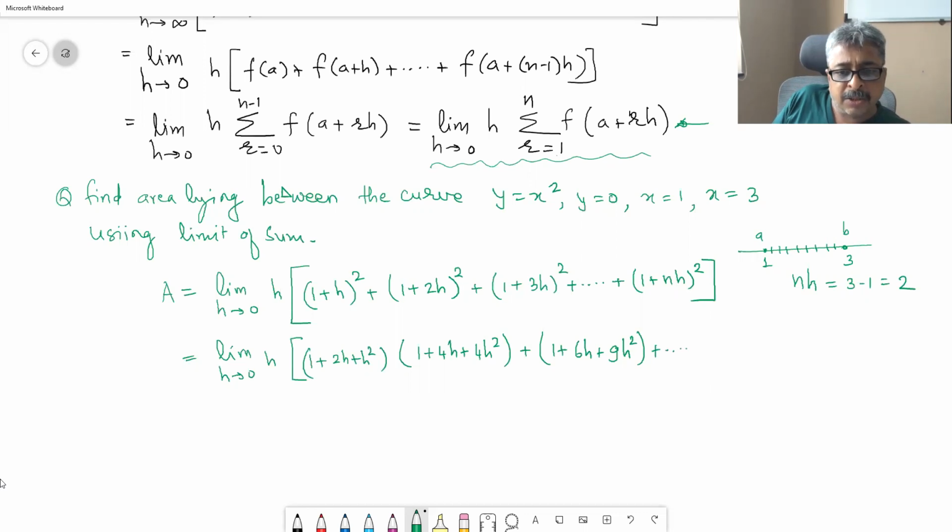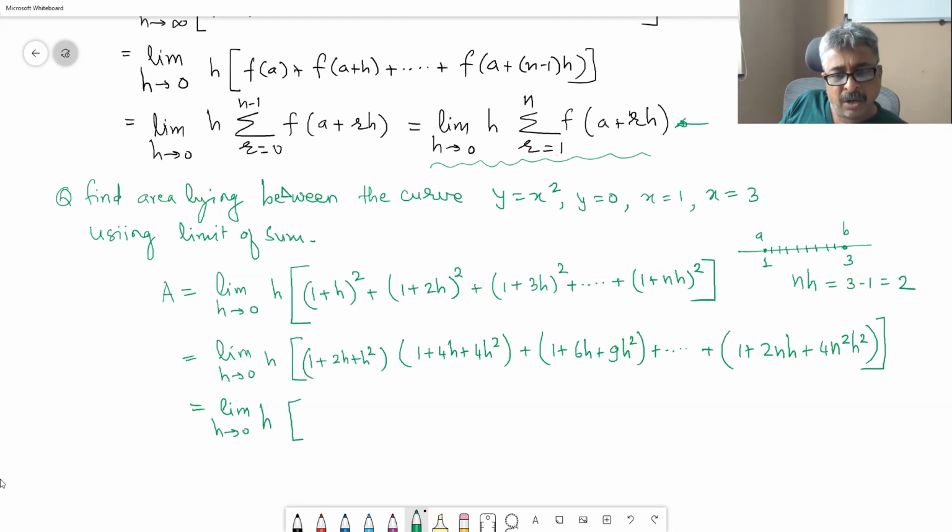And what will be the last term? 1 plus 2nh plus 4n square h square. Right? So limit h tends to 0, h inside bracket. If we collect all ones, then how many of them are there? How many brackets are there? n.